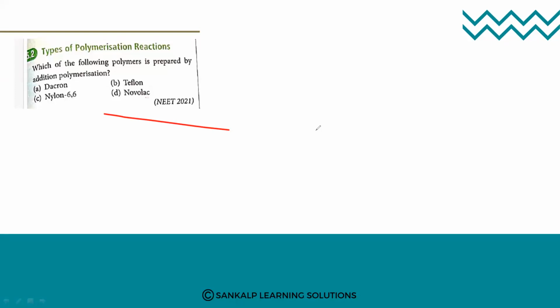First we'll go with nylon 6,6. What is nylon 6,6? It consists of hexamethylene diamine and adipic acid. It undergoes a condensation reaction because both monomers contain bifunctional groups. So this option is discarded.